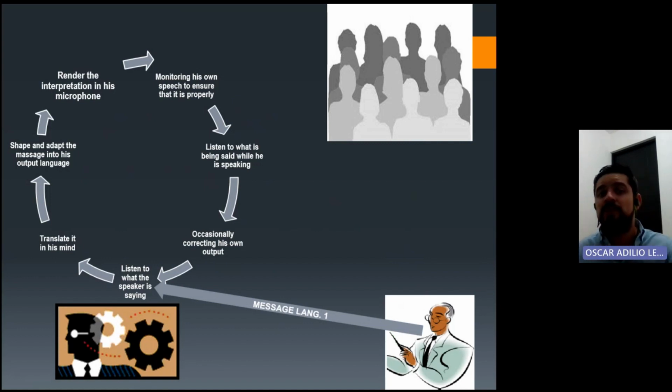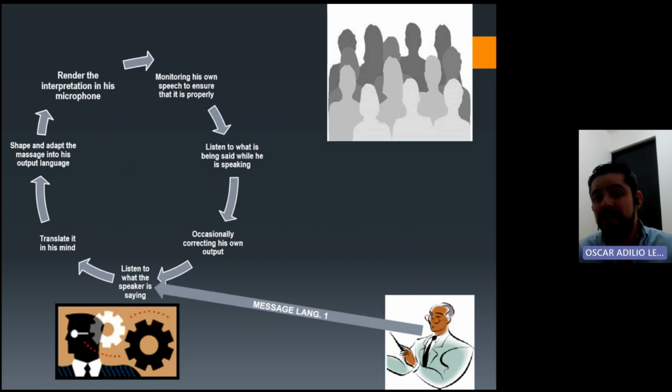And in that way, we will be monitoring our speech. So we will have to monitor what we have said. We have to listen to what is being said by the speaker, because the speaker continues speaking. We do all this while the speaker continues rendering more and more information.